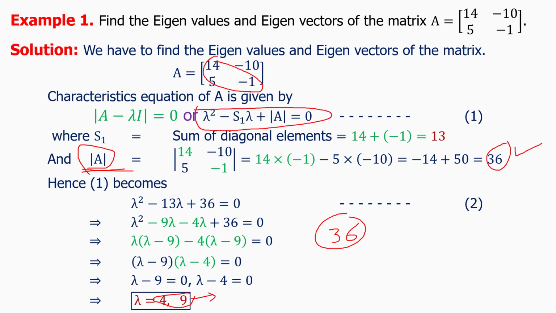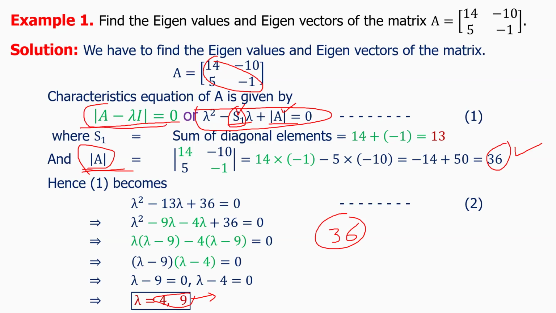Why am I using the second method? Because if we use the second method, we also find S1 and the determinant of A. If we use the first method, then for checking we have to find the sum of eigenvalues and the determinant of the given matrix separately. These two jobs would be additional work while using the first method.